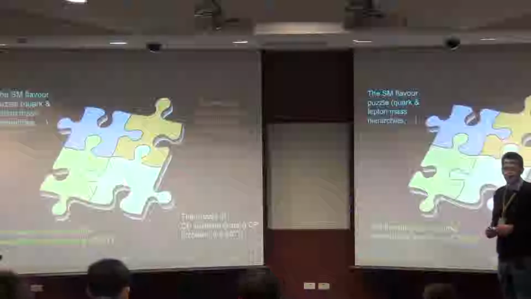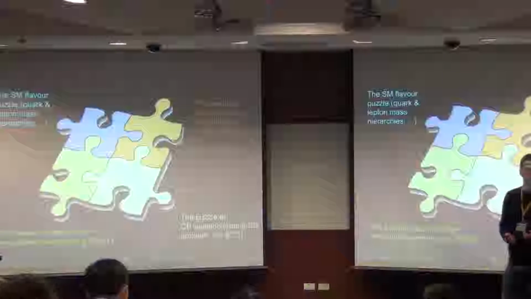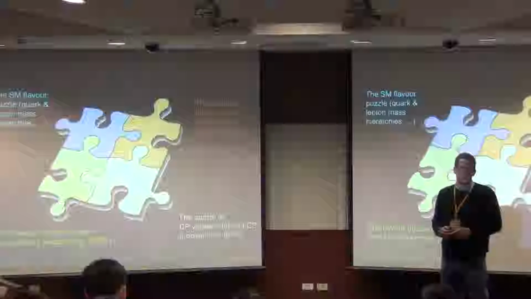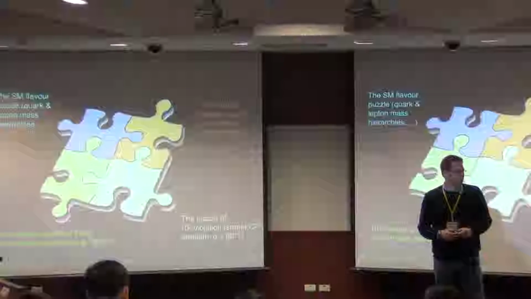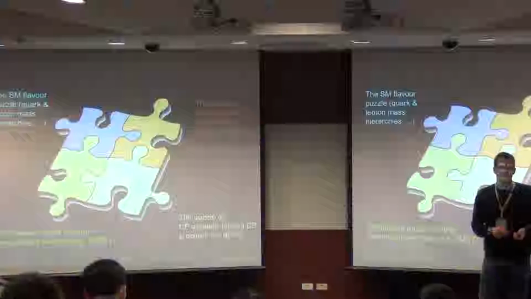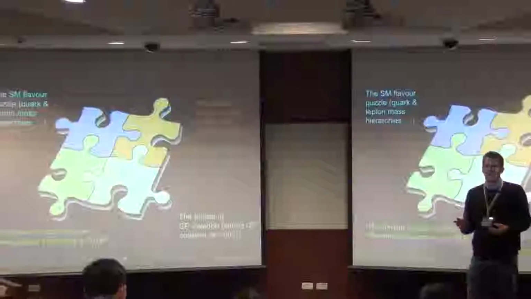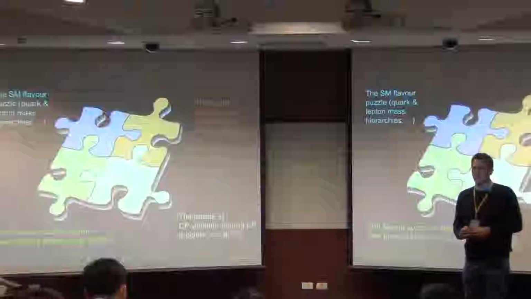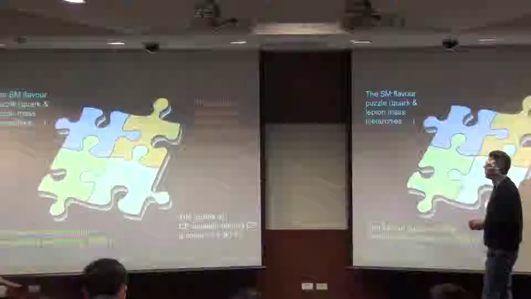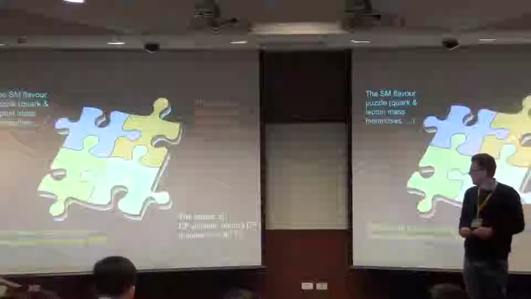So we have the small masses of the neutrinos, which is also flavor information that we get. And as I've already shown you, we have large mixing in the neutrino sector, which is very different from the quark sector. In the quark sector we have a small mixing, in the neutrino sector we have a large mixing. So the flavor puzzle gets a lot bigger when we include also the neutrino data.